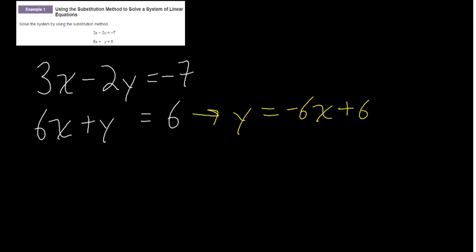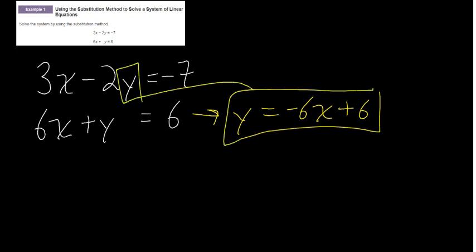Well, now what we're going to do is we're going to take this y value and substitute it in for this y right here. Okay, and keep in mind the color coordination there. So what we'll do is we'll put it in blue, I guess.